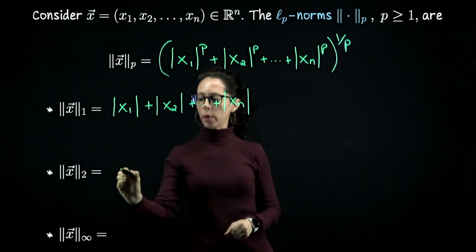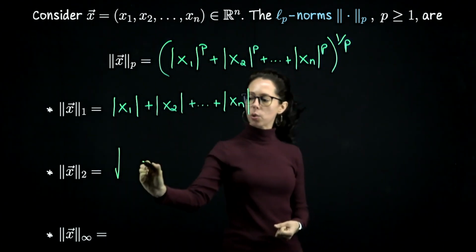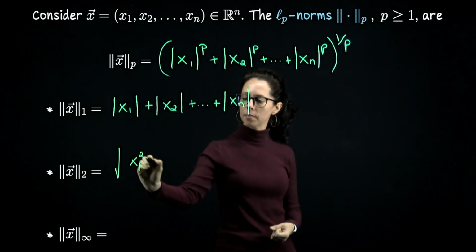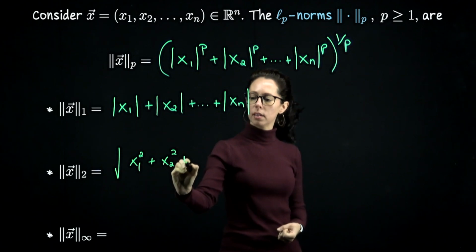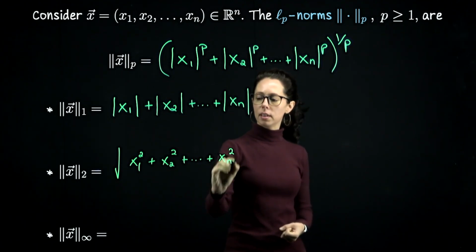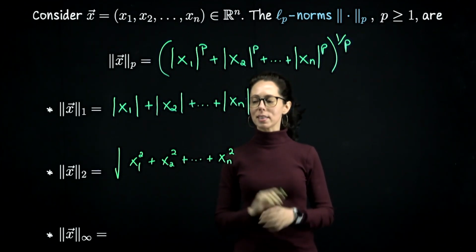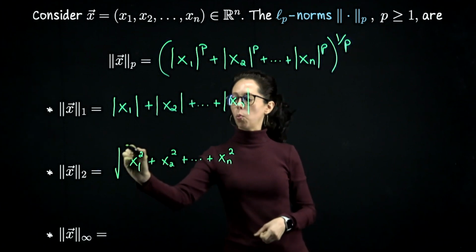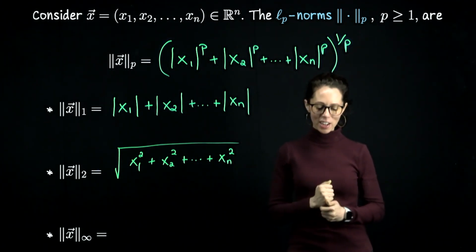It's going to be the square root of the size of x1 squared, which is equivalent to just x1 squared, plus same thing for x2, all the way through xn. Okay, so we've squared a bunch of sizes, but that's the same thing as just squaring the coordinates, adding them together, and raising them to the 1/2 power is like taking the square root. Okay, so that should look familiar.